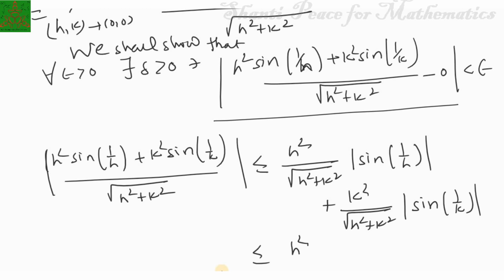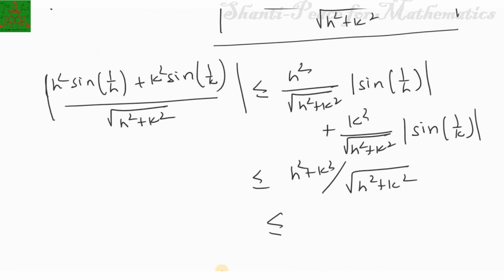So this is at most h squared plus k squared upon square root of h squared plus k squared, which is less than or equal to square root of h squared plus k squared.